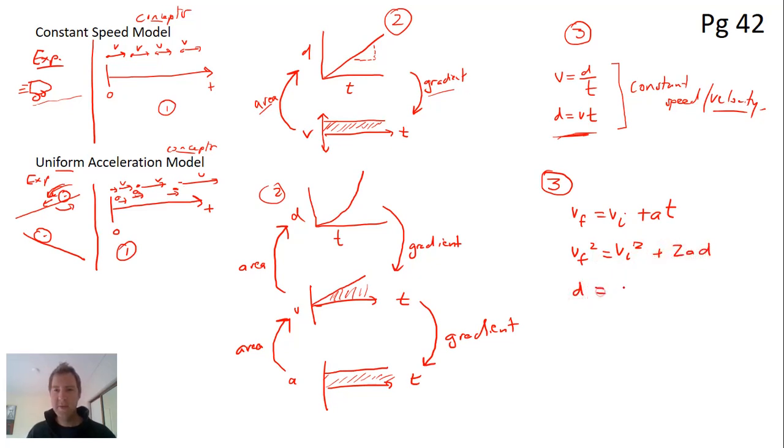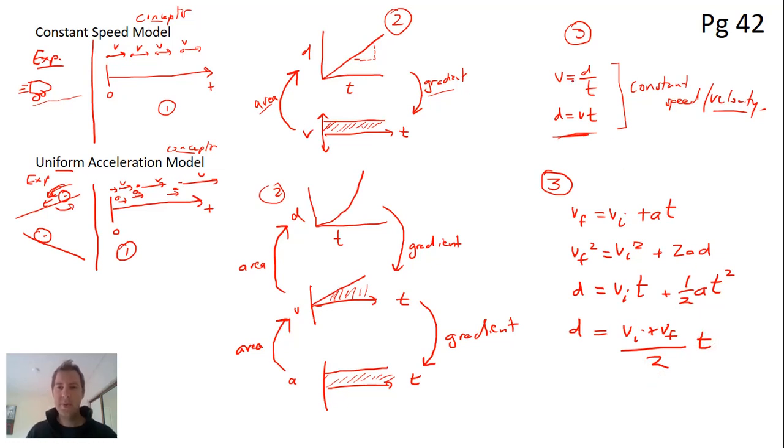We have D equals velocity initial times time plus half AT squared. And we have another one, which is distance equals velocity initial plus velocity final all over 2, times time.